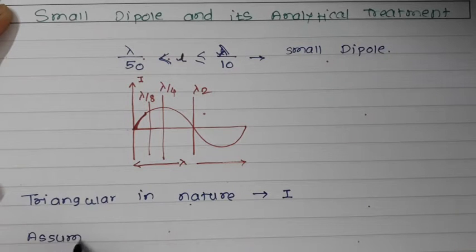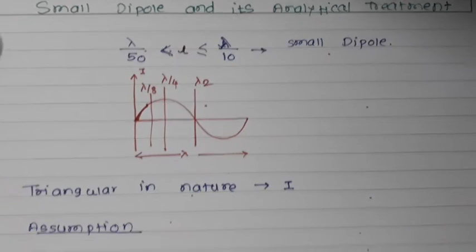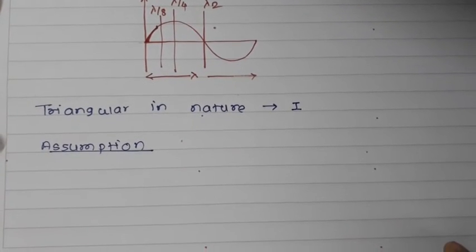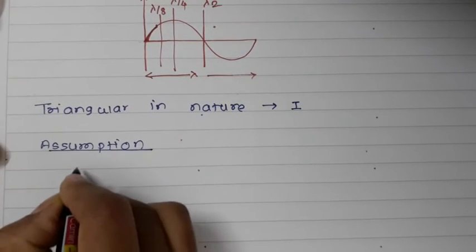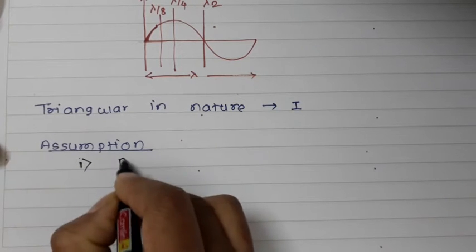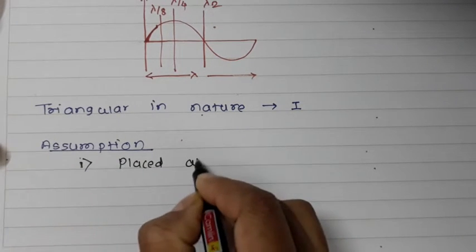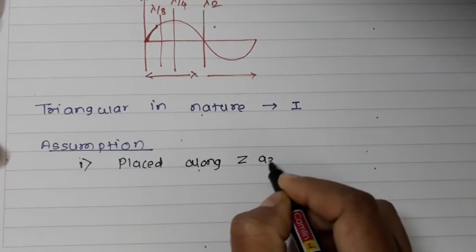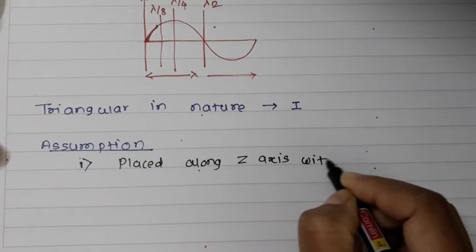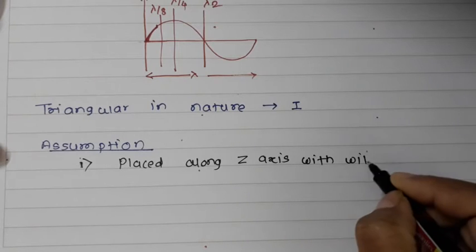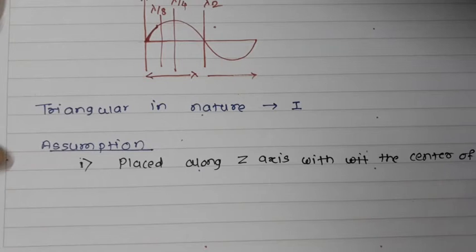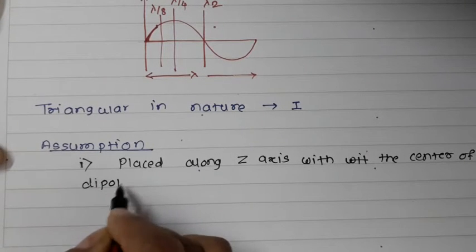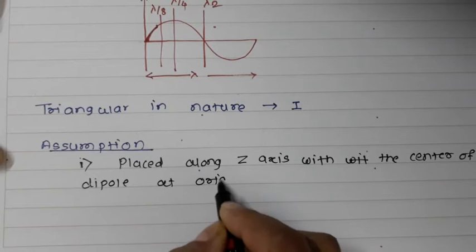As we have assumed in the infinitesimal dipole, our assumptions for this particular analysis will be like this. The first assumption is that the small dipole is placed along the z axis with the center of the dipole at the origin.